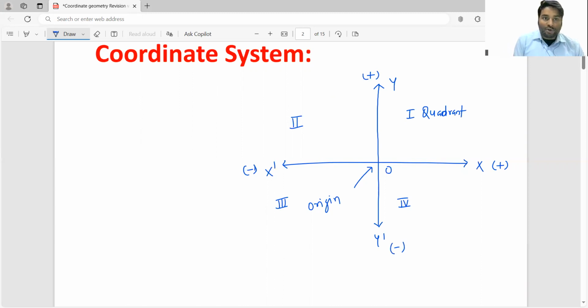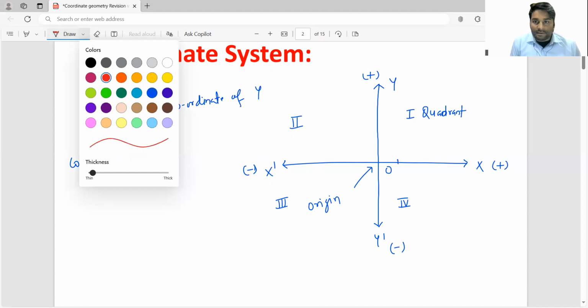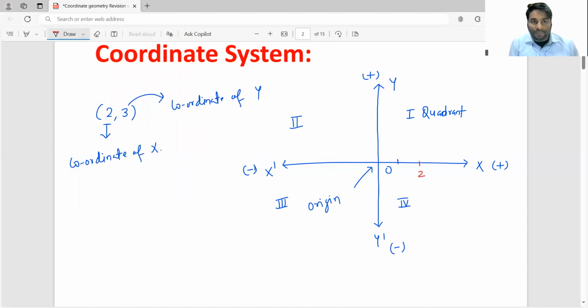Okay, now if we talk about any point, suppose I'm talking about 2 comma 3, right? So this 2 is the coordinate of x, right? And 3 is the coordinate of y, right? So just mark point 2 and 3.